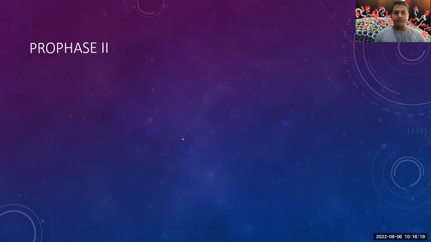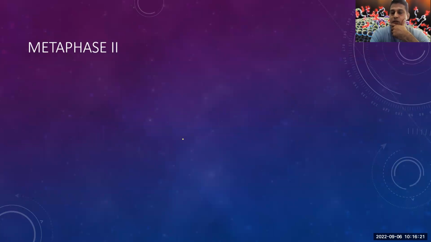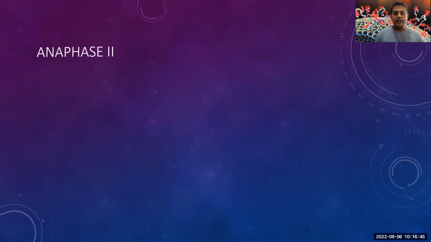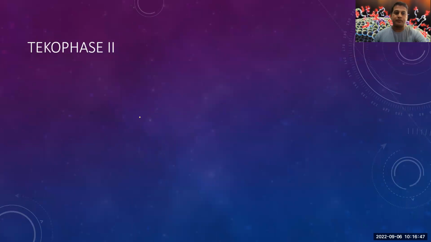And after that, metaphase 2. Then all chromosomes align at the equator like this. Then anaphase: it breaks from the centromere and moves to the opposite poles. And telophase 2, this should be telophase.